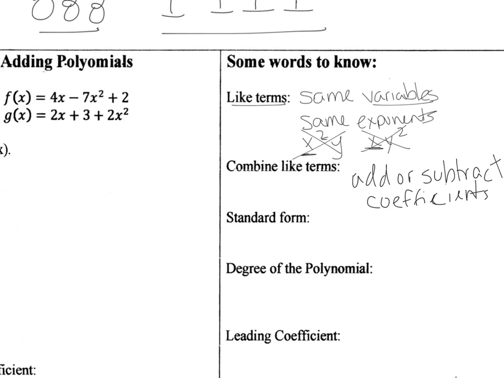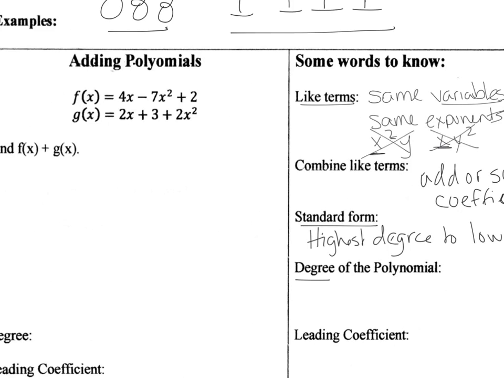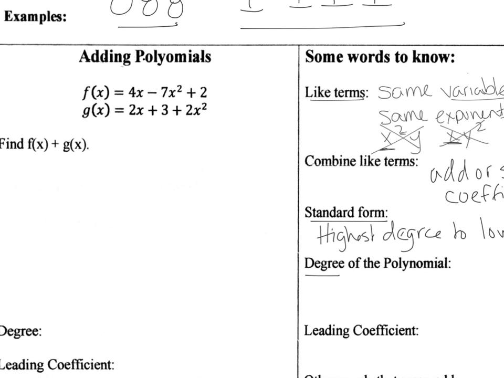Okay, standard form. The standard form talks about the degree. Okay, the standard form means it goes from highest degree to lowest degree. Okay, so that's standard form. So if you look over here, highest degree to lowest degree.